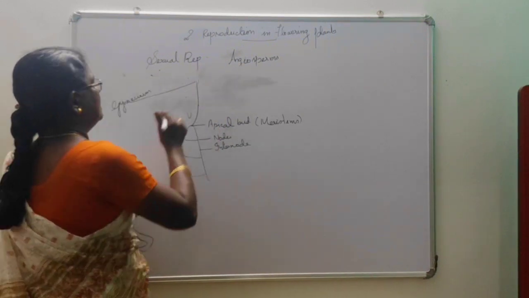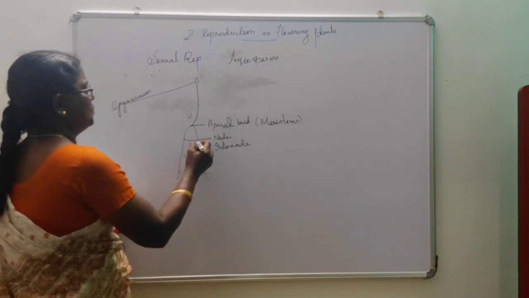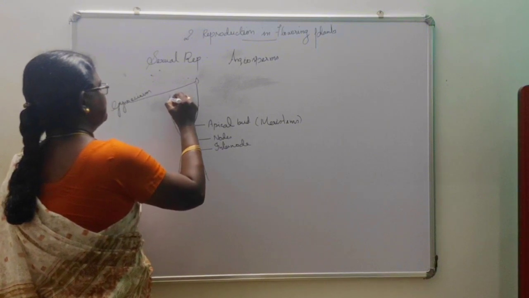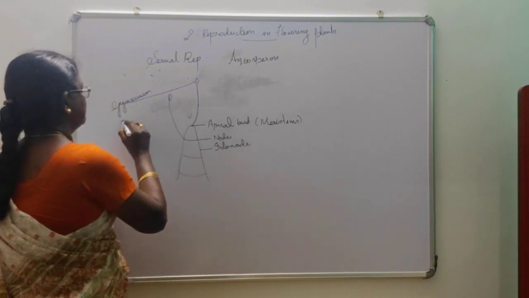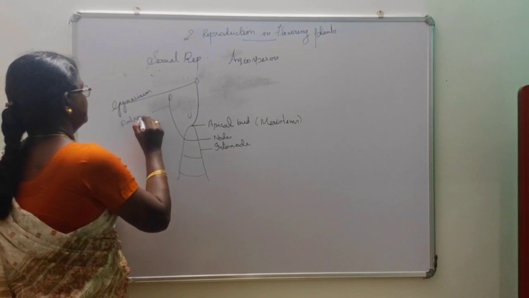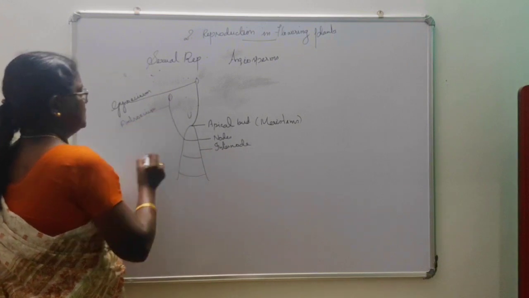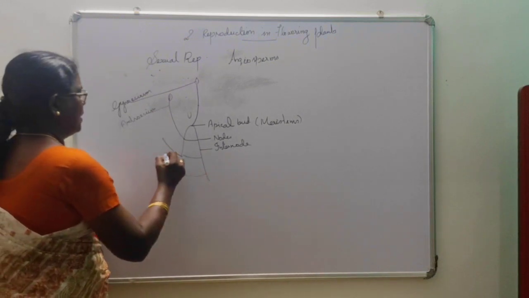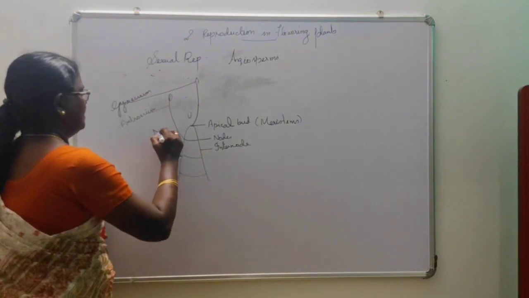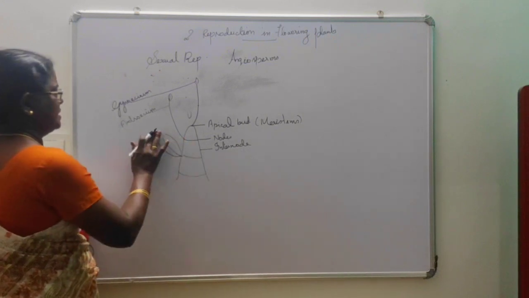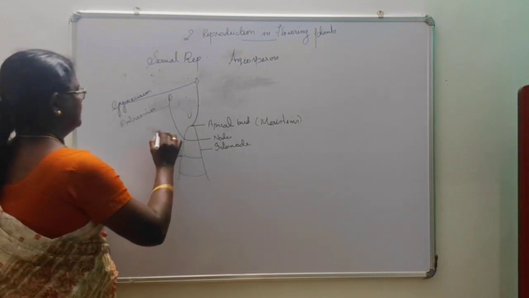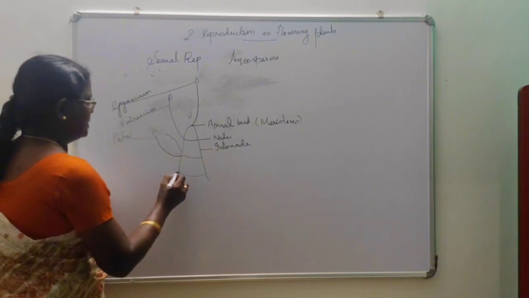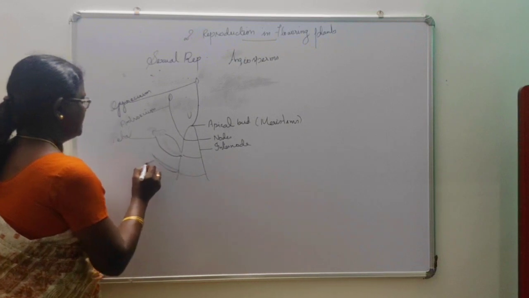From this node develops androecium. From the next node develops another floral appendage, that is petals. Next to this it develops the sepals.